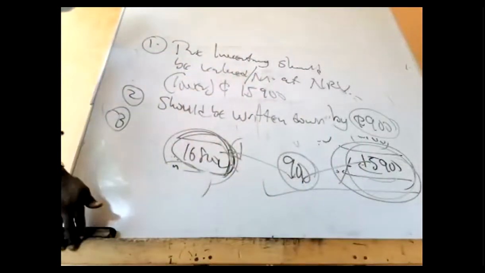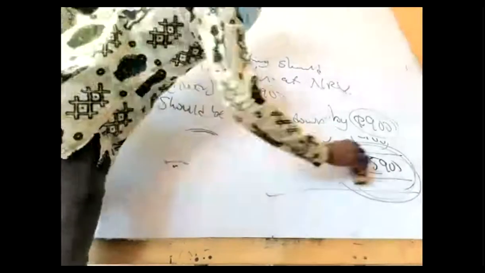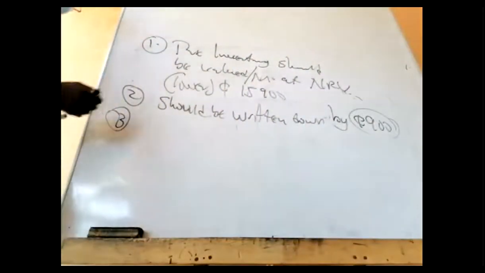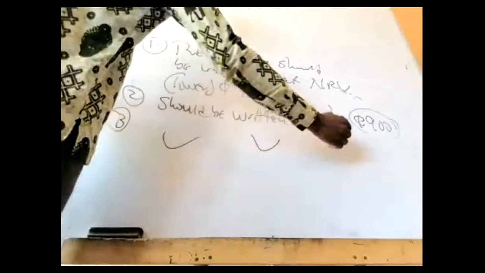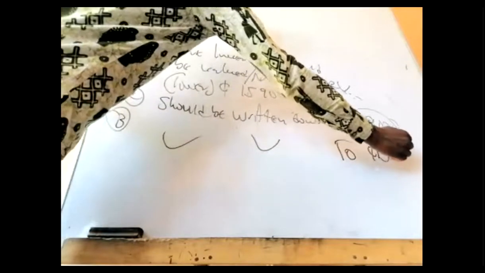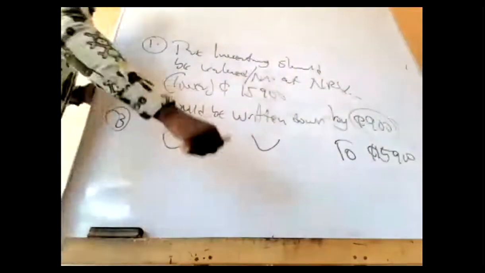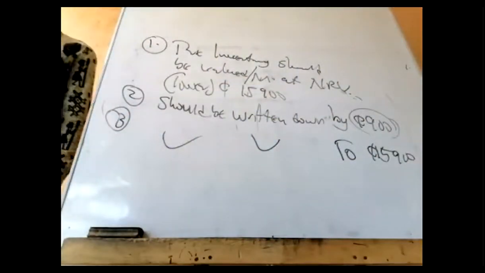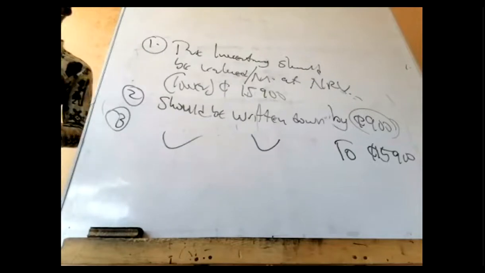So inventory should be written down to 15,900, meaning that's the right figure. The bracket is the lower of the list.